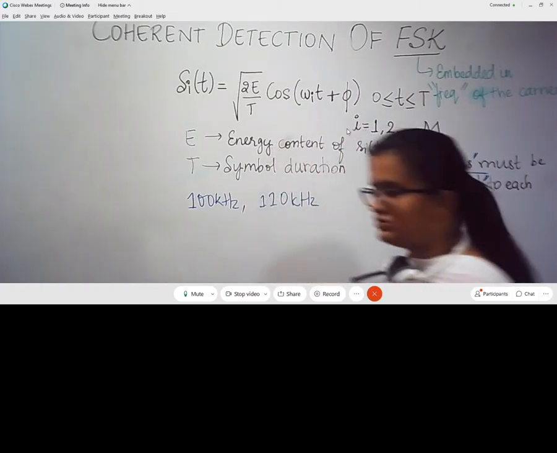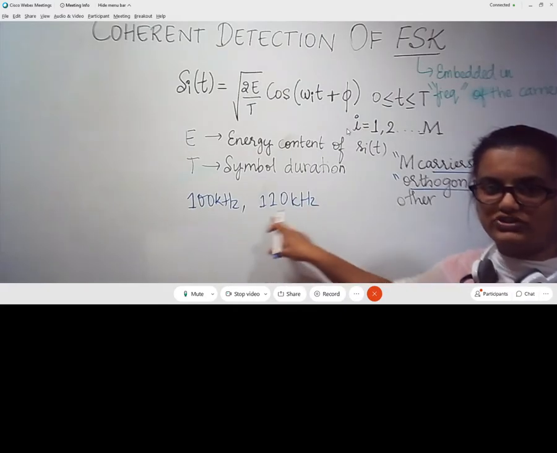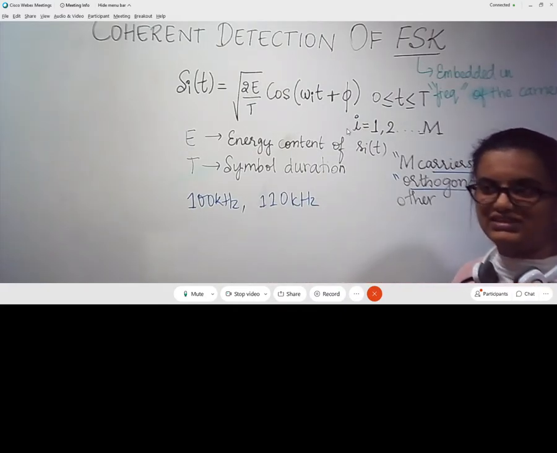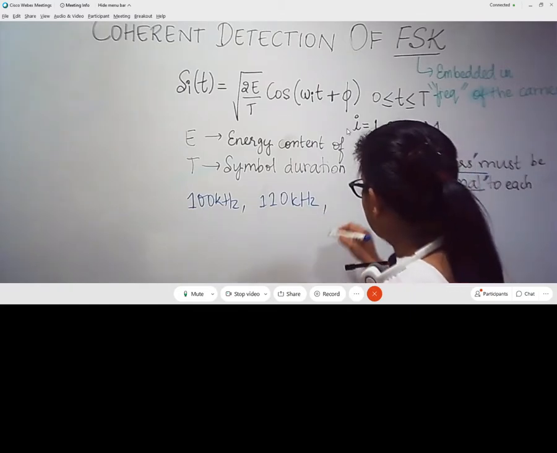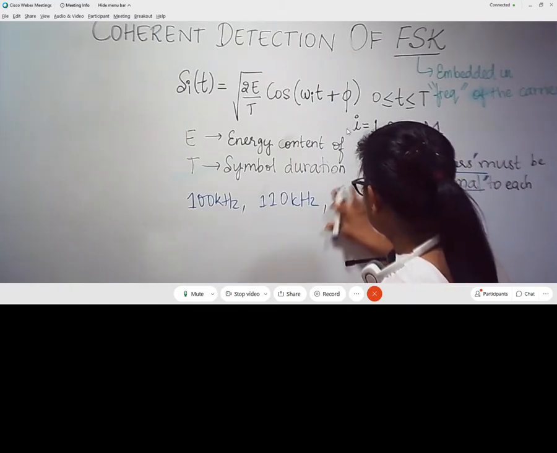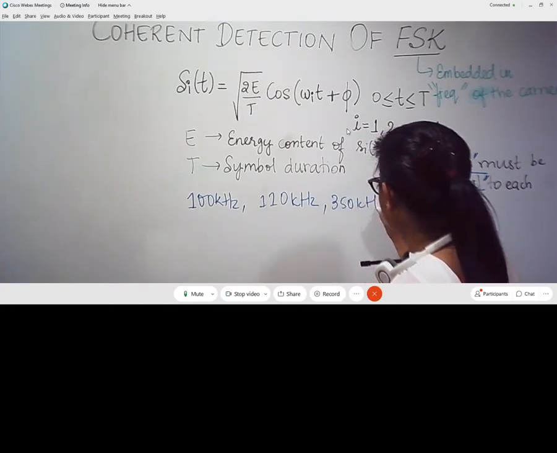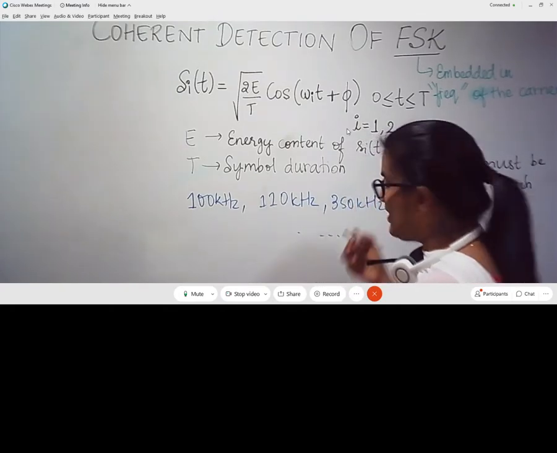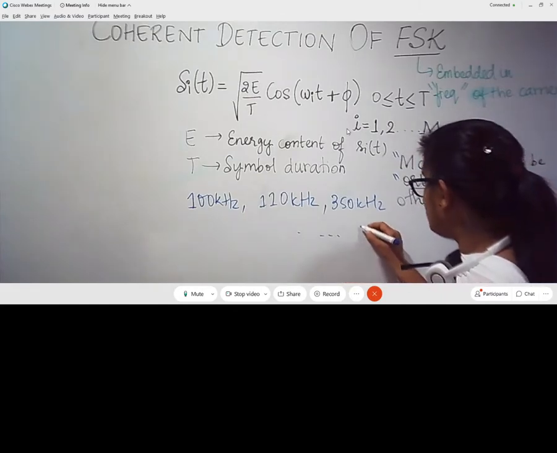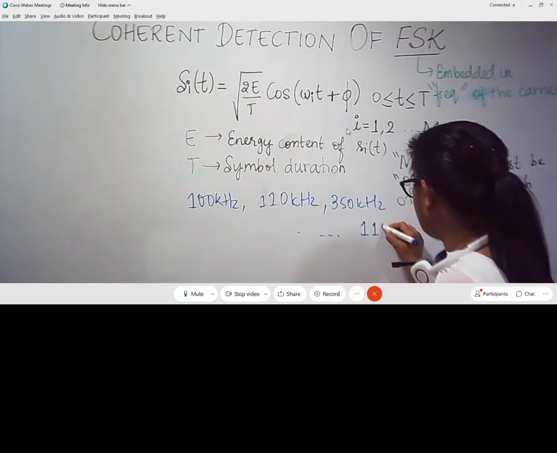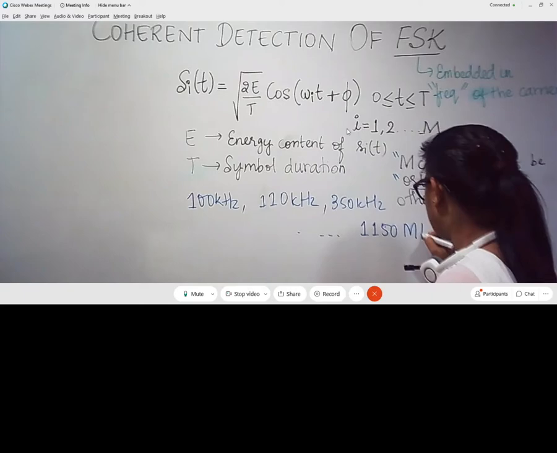So the LCM of both of these values should be equal to 1, that means they should be orthogonal to each other. Then let's say I take some value like 350 kilohertz. Like that I go on choosing, and my last frequency is, let's say, 1150 kilohertz or something like that.